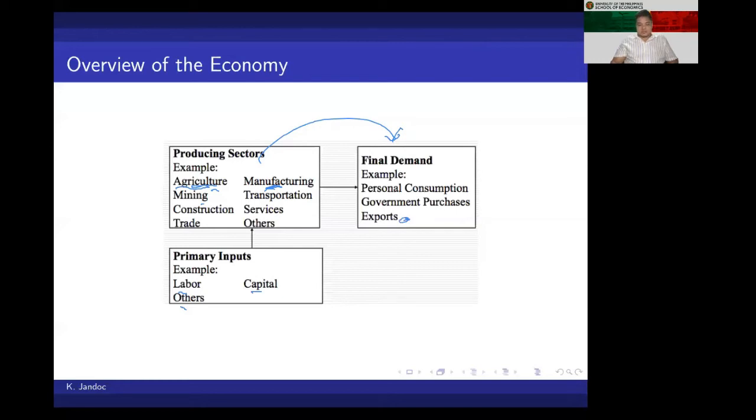So we have inputs, we have the sectors that produce output using the inputs, and the outputs will be used either by the different sectors themselves or by households, the government, and the rest of the world through exports, which constitute the sectors of final demand.